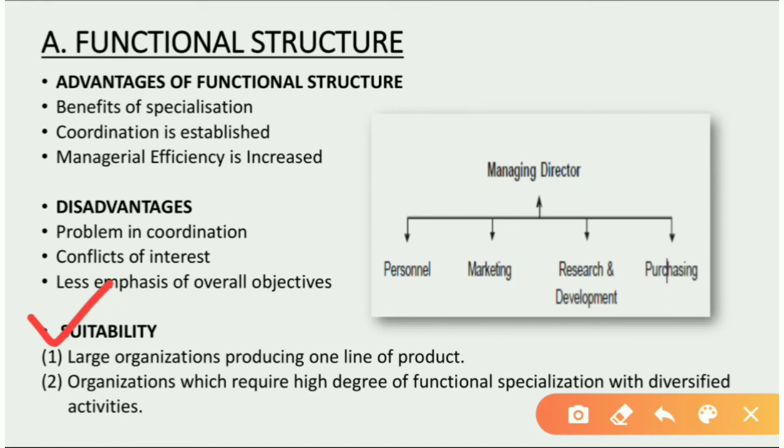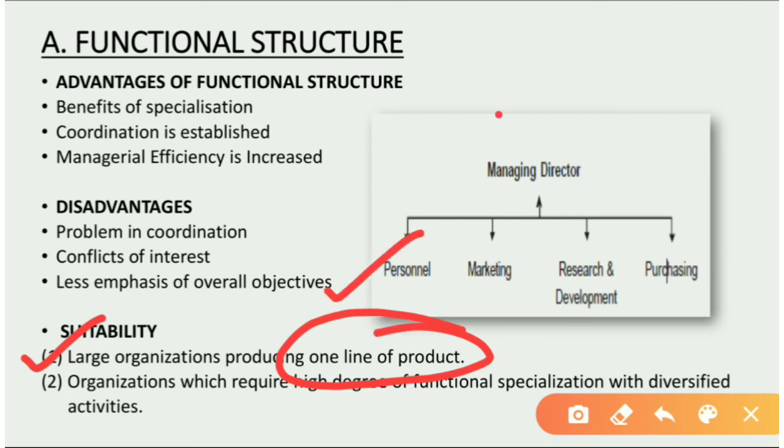Let us see. The first point is large organization producing one line product. The organization which is large in size, plus they are dealing in only one type of product, means if they want to produce cosmetics, then they are dealing only in cosmetics.